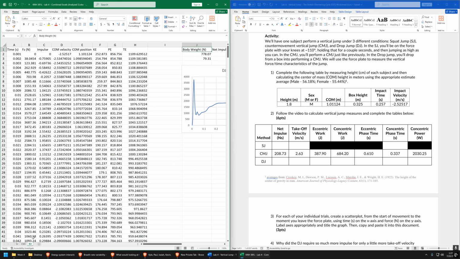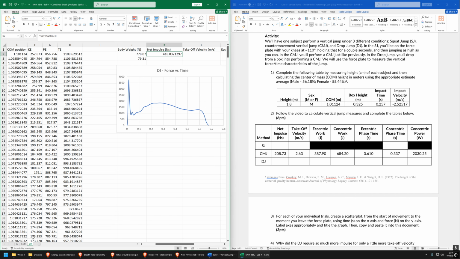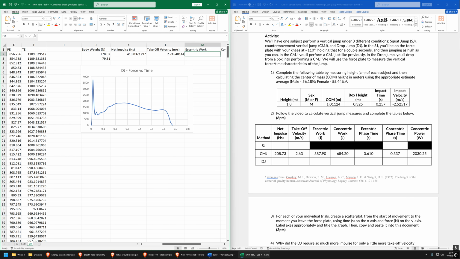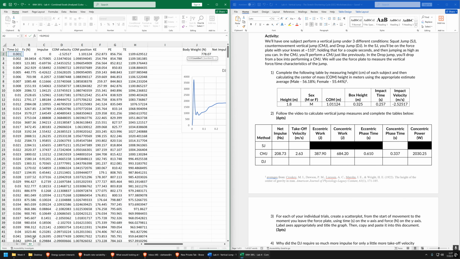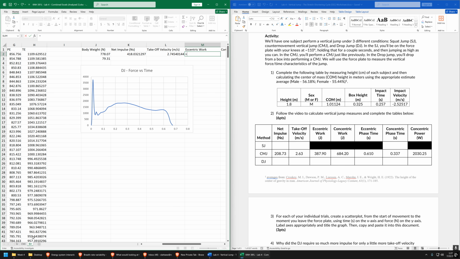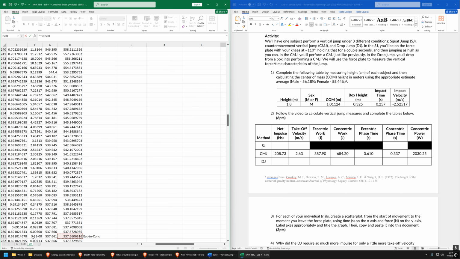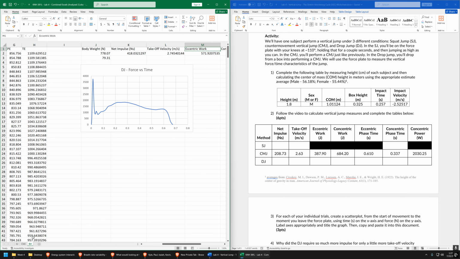Jump back up, so about 418. Takeoff velocity is just the last velocity right before takeoff. Eccentric work is going to be the difference, not the sum, between the energy when I make contact minus the energy at my center of mass lowest.